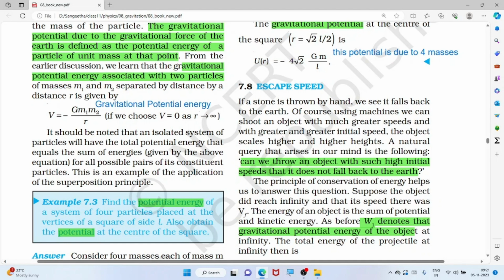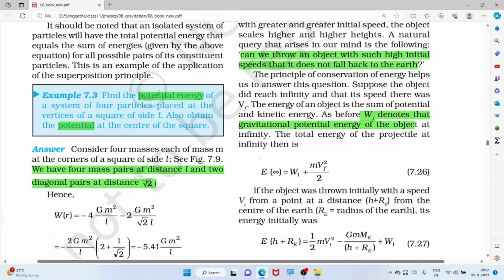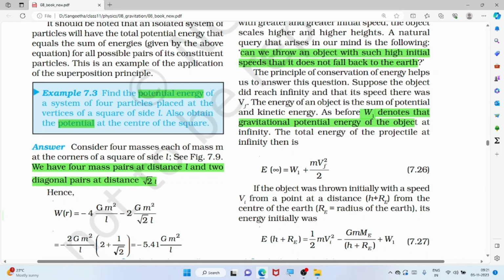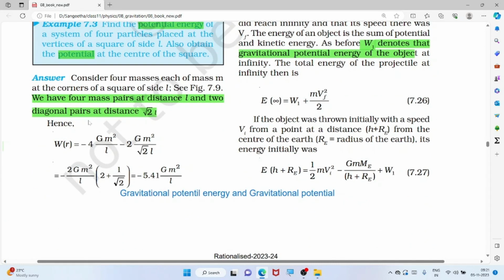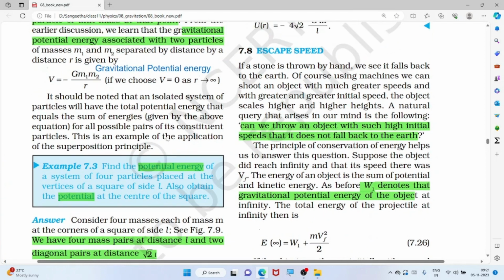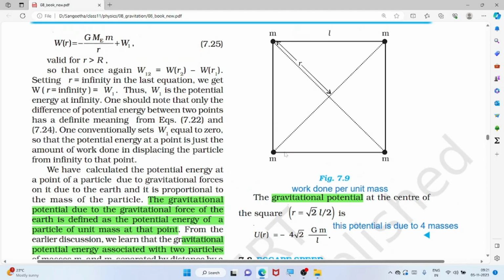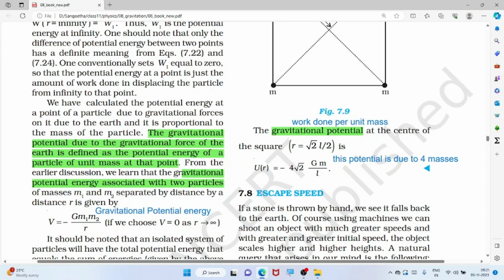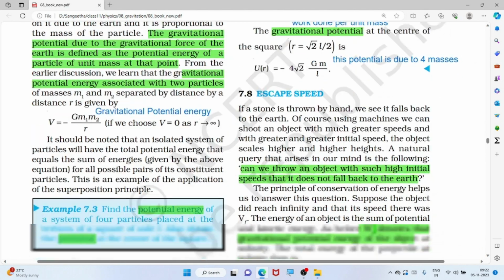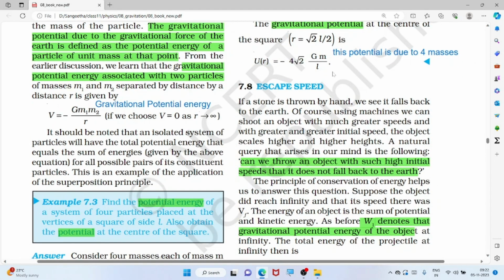Gravitational potential energy is between two masses, whereas gravitational potential is with respect to one mass. Potential energy and potential are different. Potential is work done per unit mass. Potential energy is between two masses.